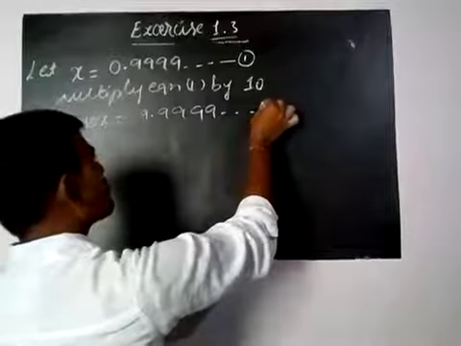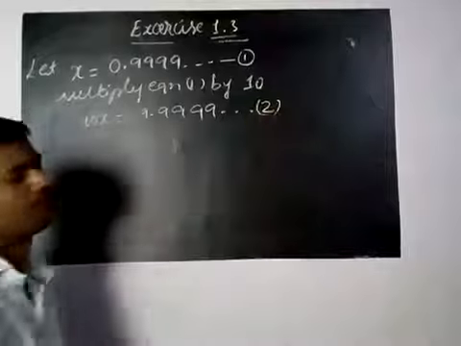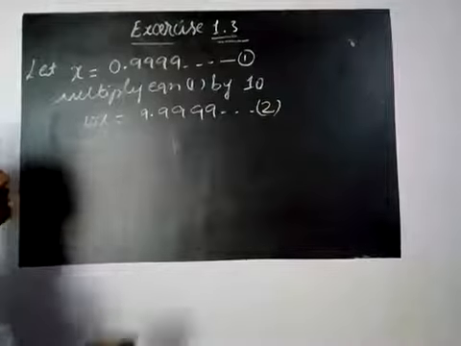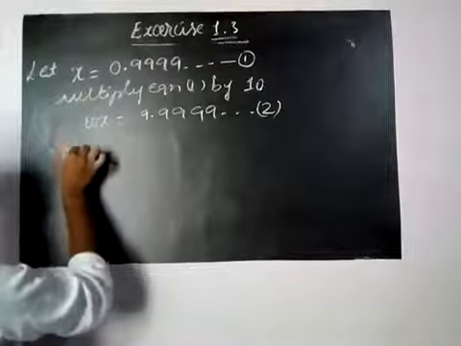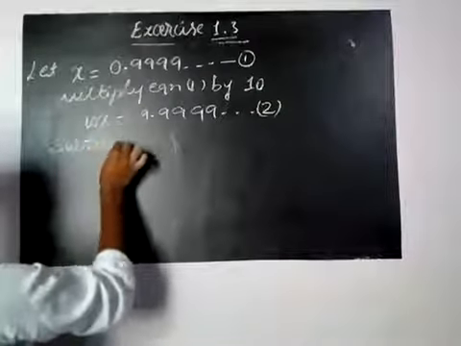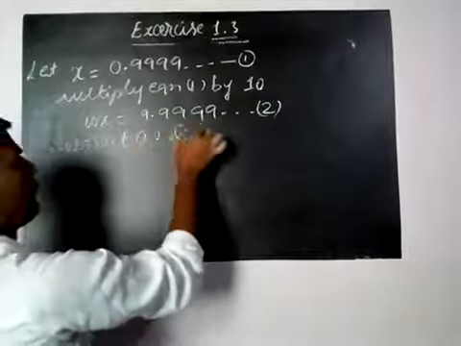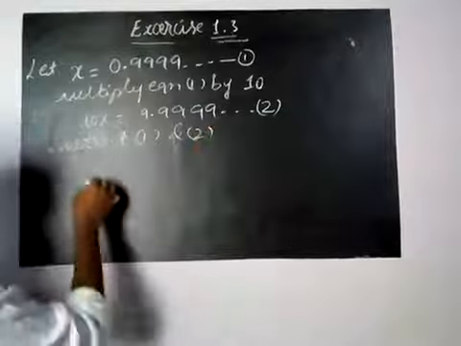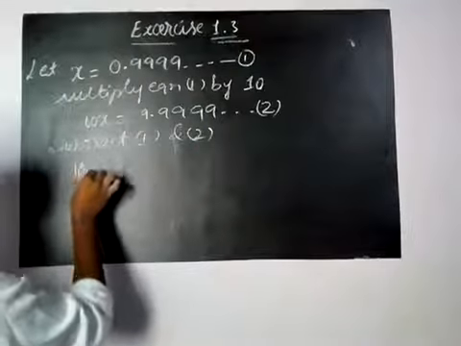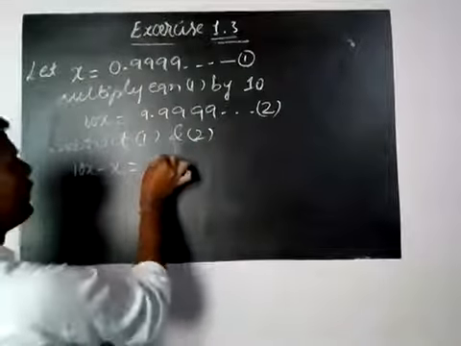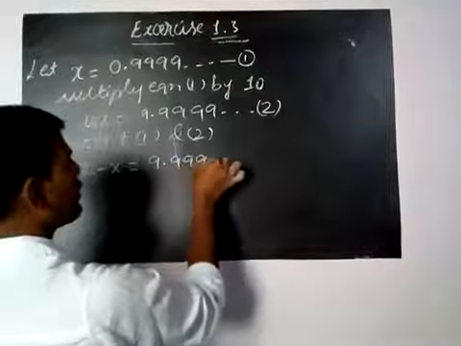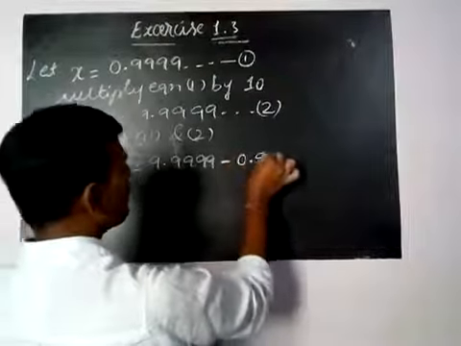Call it equation 2. Subtract 1 and 2. We get 10x minus x is equal to 9.9999 minus 0.9999.